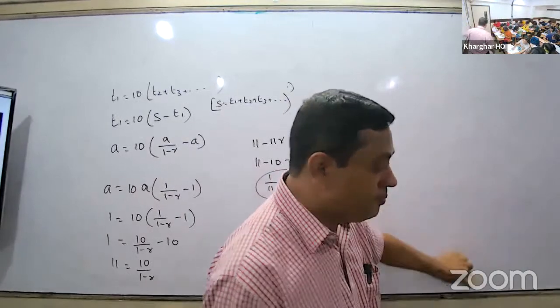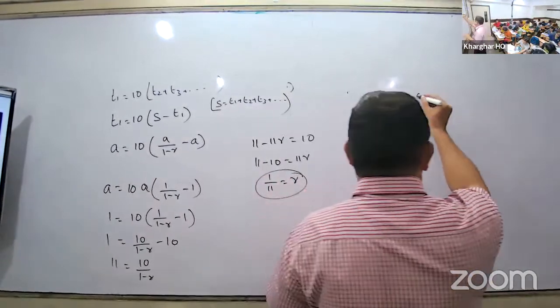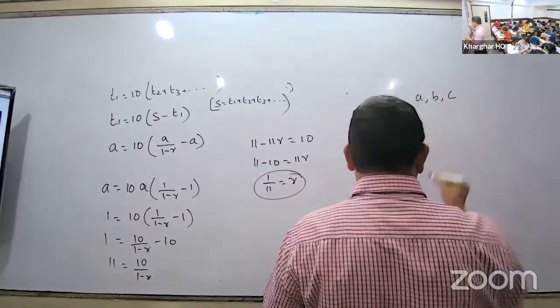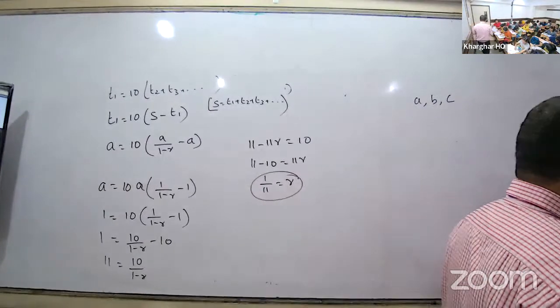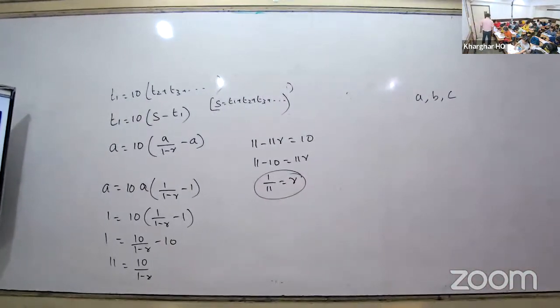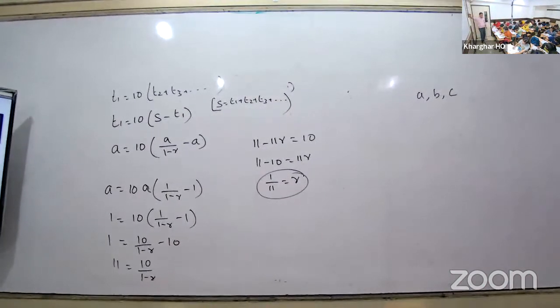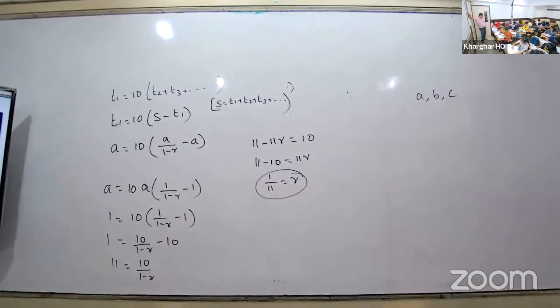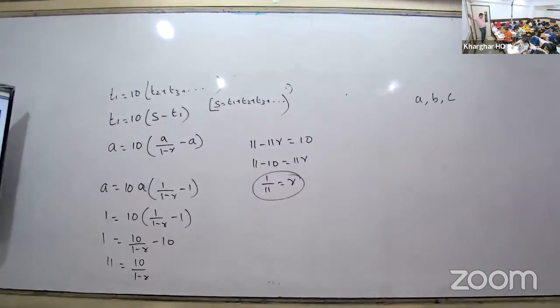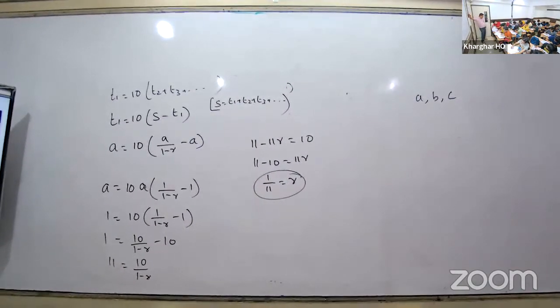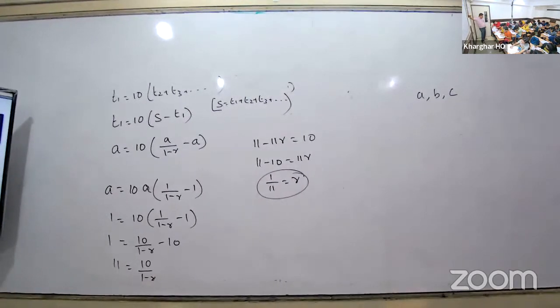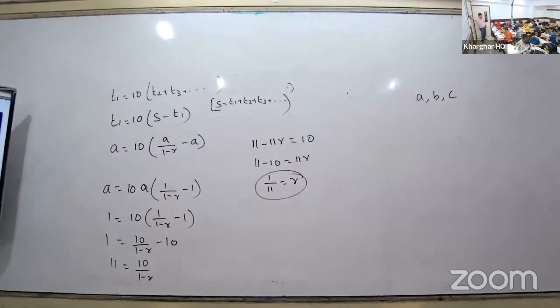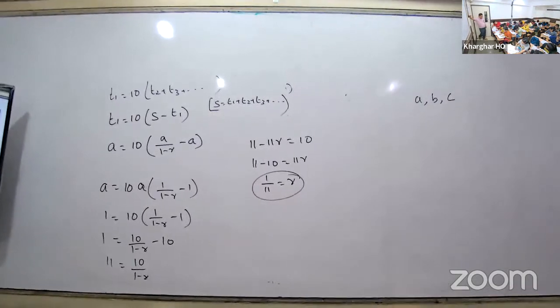If A, B, C are in GP, then B is the geometric mean between A and C. B square is equal to AC.